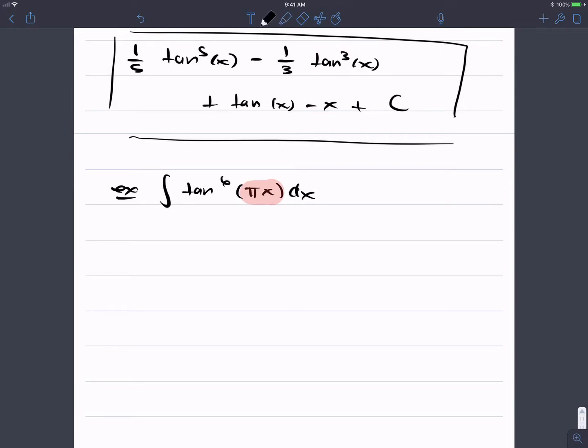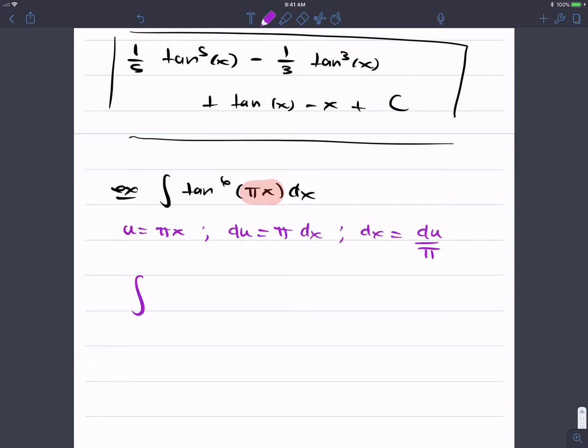You notice that pi x, of course, that means u sub. u is pi x, and my du is pi dx. Or we can say dx is du over pi.